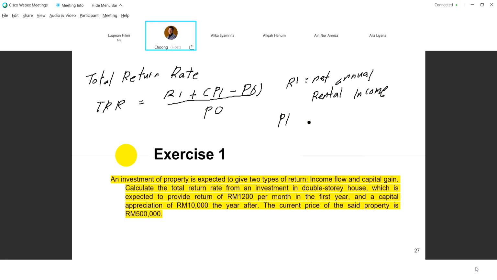P1 is your future price. P1 is your future price. P0 is your current. Try this question, class.